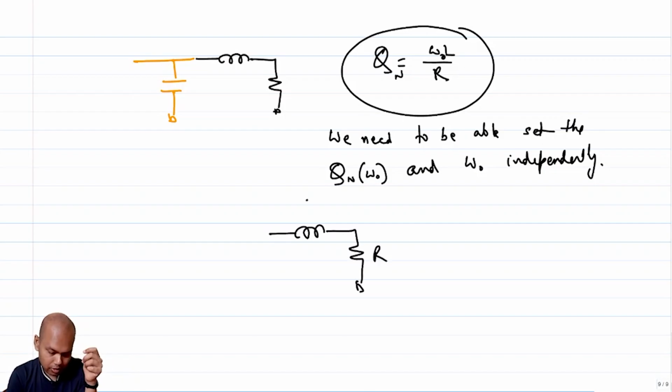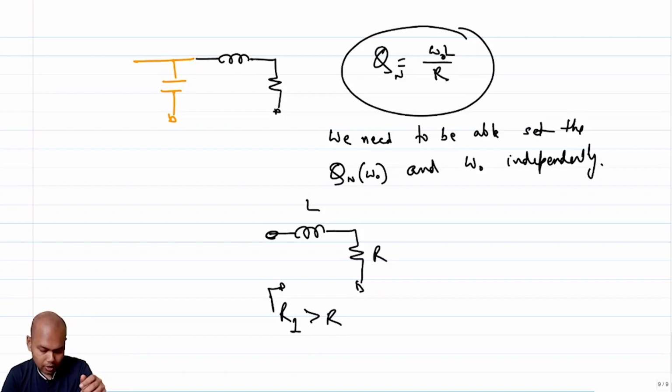So this is R, this is L, right? And let's say I go to Ri, but this is higher than R, right? So let's say this is Ri greater than R, and by doing this, let's say I have overshot R high.